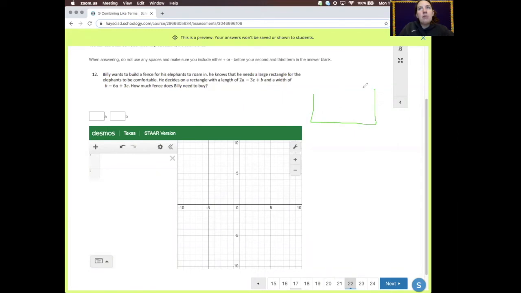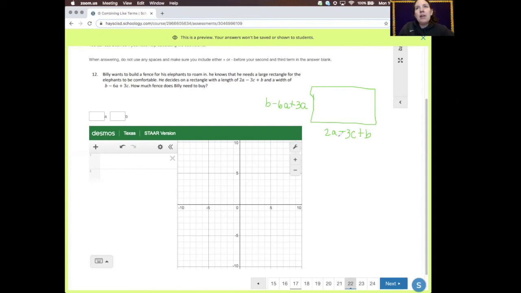It's going to be a rectangle with a length of 2a minus 3c plus b and a width of b minus 6a plus 3c. In order to make the fence go all the way around, I've also got to have a side length for the top and a side length for the right side.